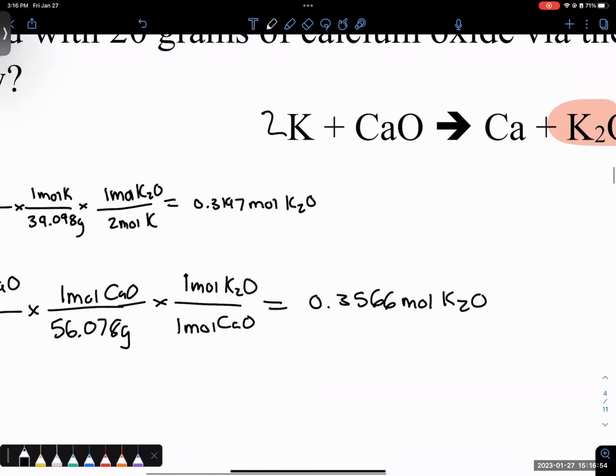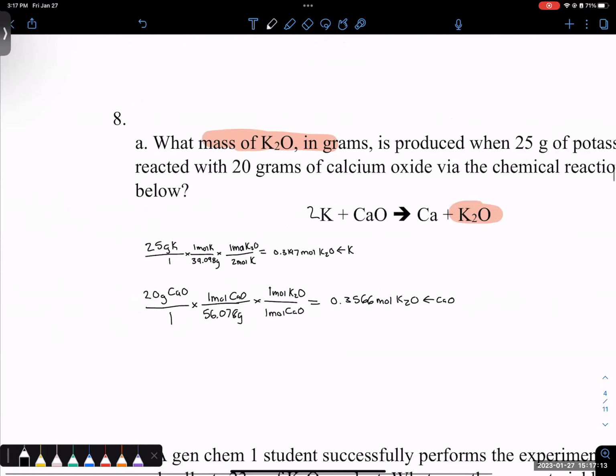This is the one from potassium, and this is the one from calcium oxide. We're looking for the lower number here. So which one is it? Potassium, right? Thanks, Myra. So now I cross out the one that we don't want to use, so I don't end up using it by accident.